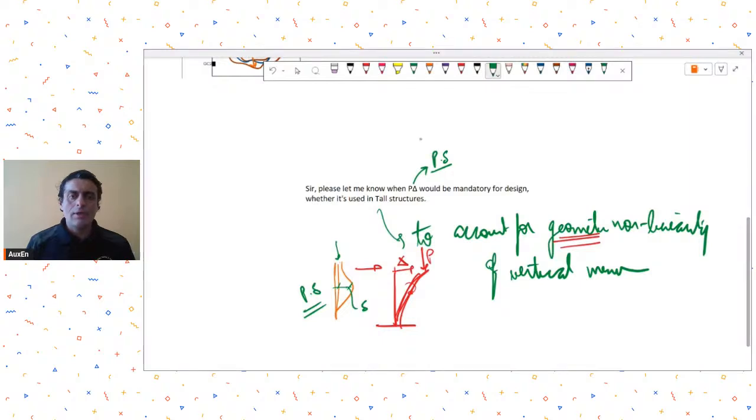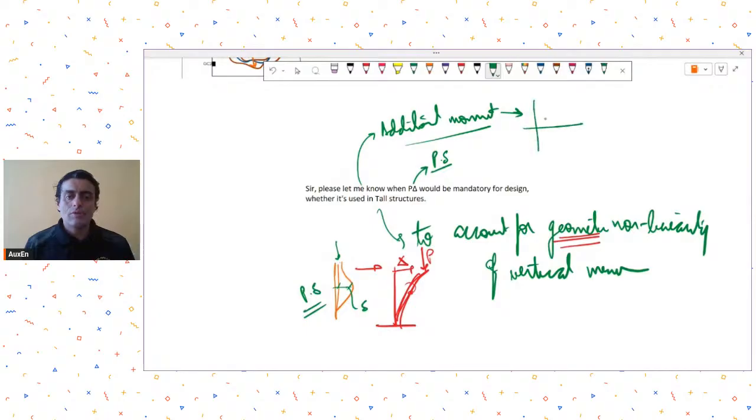In your normal design processes, we use some additional moments, like in IS 456. You have the option of magnifying the moments to factor in the sway effects and to factor in this p small delta. I think clause number 39 point something gives you these additional moments to be considered, right?